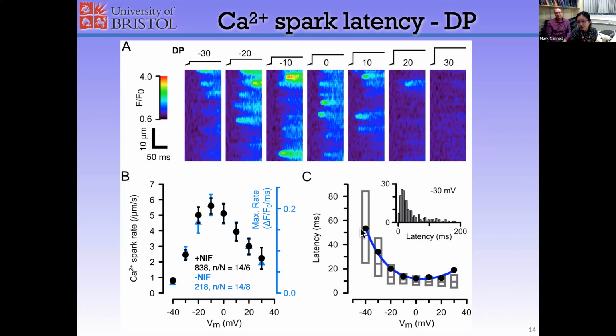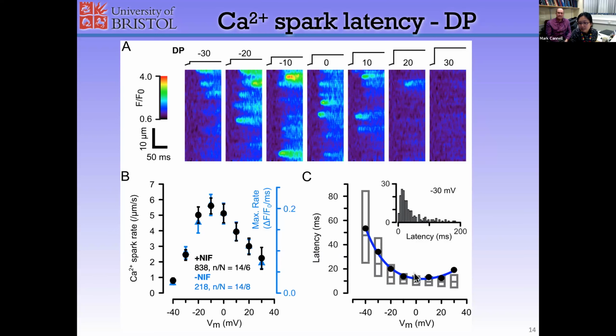the rate of L-type calcium channel activation decreases with increasing step potential, while on this side, it possibly reflects the increasing delay to ryanodine receptor activation with increasing potential. And this increases not because of a direct voltage dependence of RYR gating, but because unitary calcium current is smaller at positive potentials, which translates to a lower calcium concentration in the dyad and a lower rate of activation of RYRs.